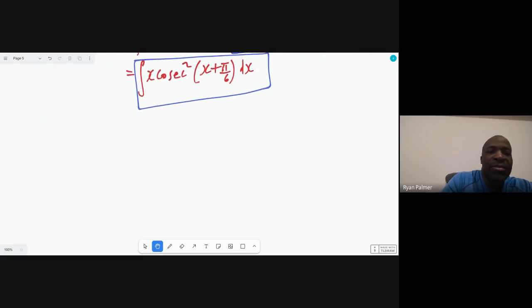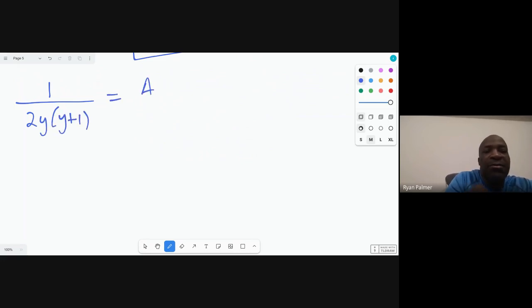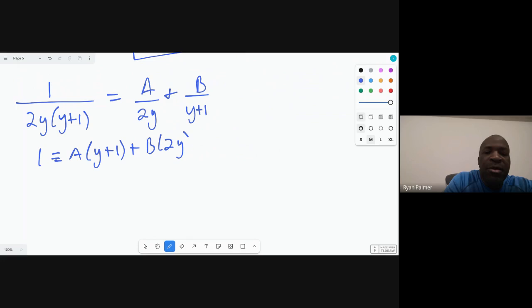So we're going to have 1 over 2y(y plus 1) is equal to A over 2y plus B over (y plus 1). So we're going to have 1 is identical to A lots of (y plus 1) plus B lots of 2y. We're going to use the substitution method.